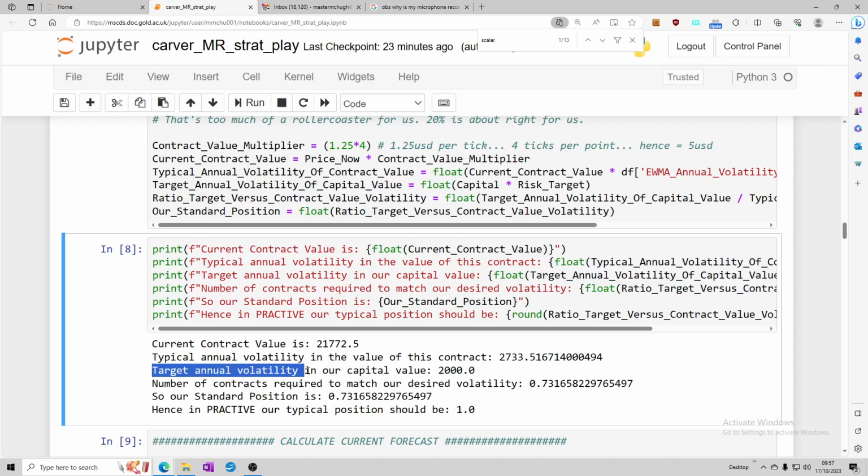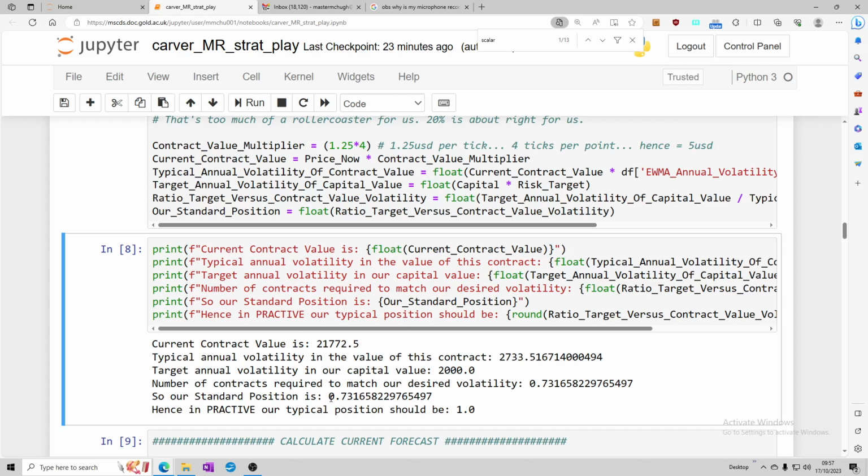The target annual volatility in our capital value is $2,000. The number of contracts required to match our desired volatility is 0.73, because the actual one contract is generating more volatility in dollar terms than our desired volatility in dollar terms of our capital.